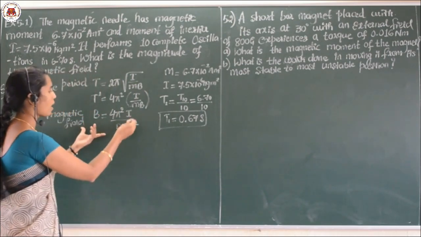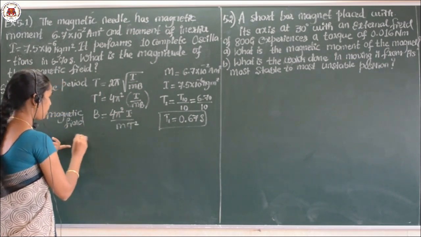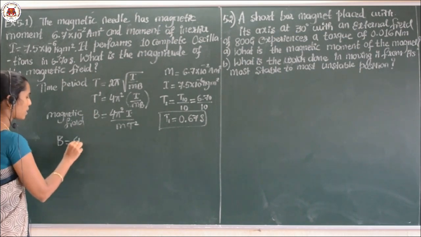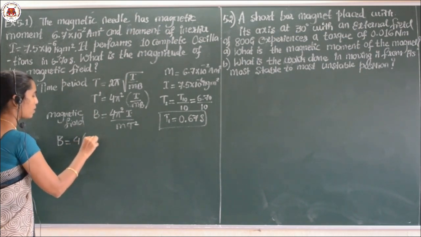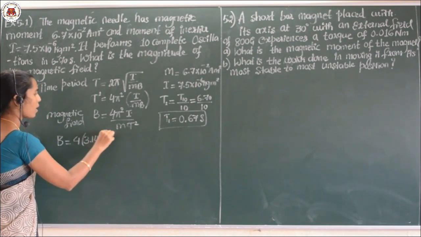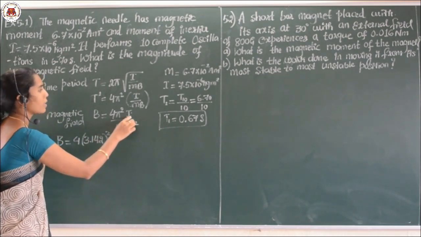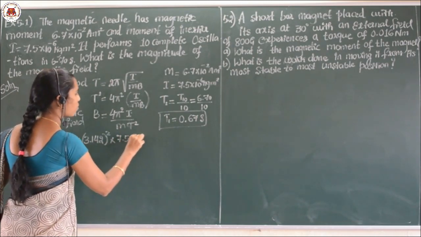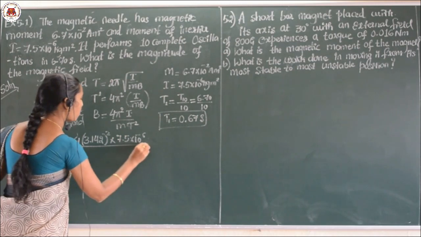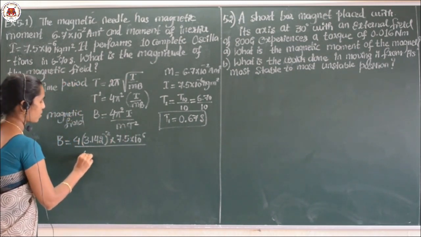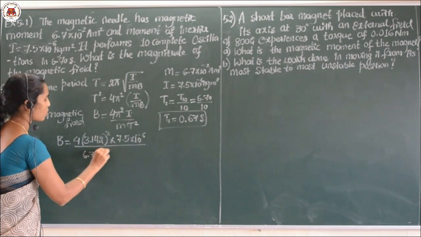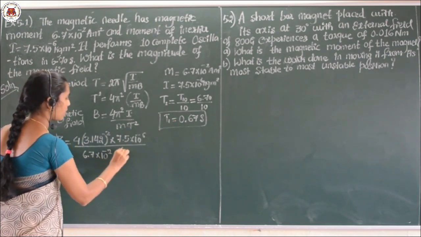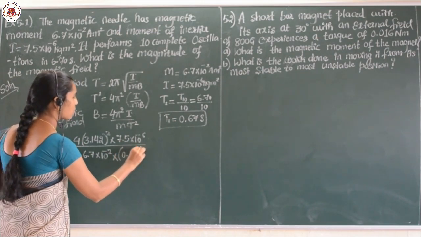Then substitute all the values: I, m and T are given. B is equal to 4 into pi, which is 3.142, squared, into I, that is 7.5 into 10 raised to minus 6, upon m, which is 6.7 into 10 raised to minus 2, into T square, T value is 0.67 square.